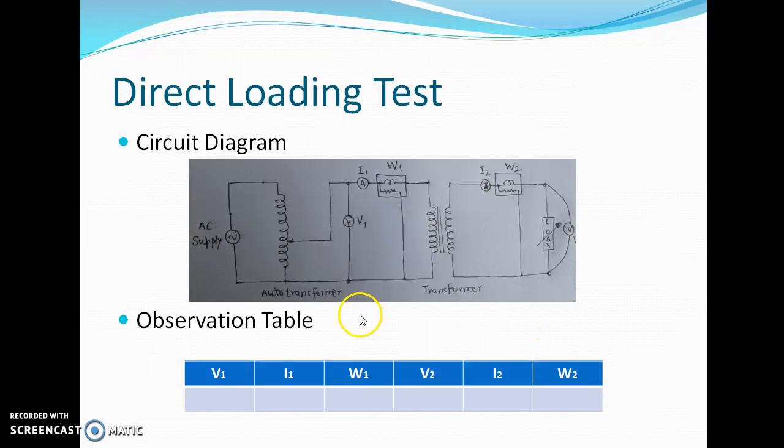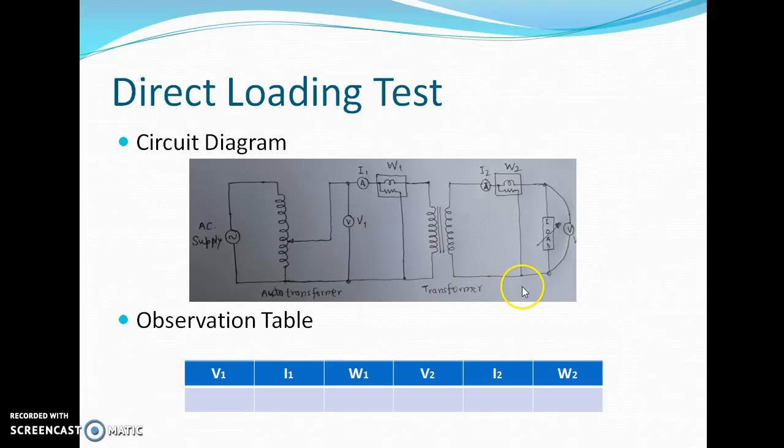So this is the circuit diagram in which we see that an auto transformer is used for variable supply. Then a voltmeter of proper range, an ammeter, and a wattmeter are used for measuring the primary power. Similar meters are connected in the secondary also.